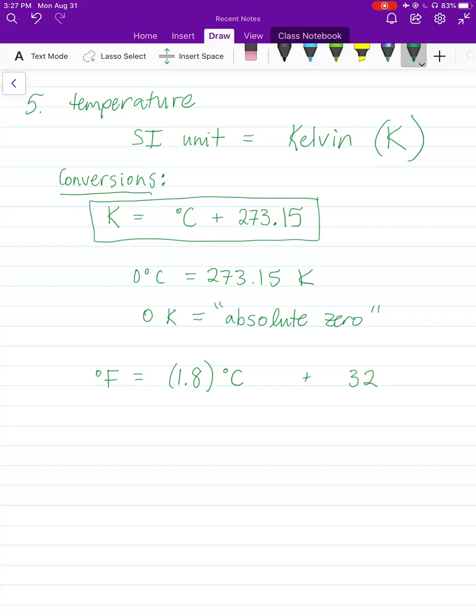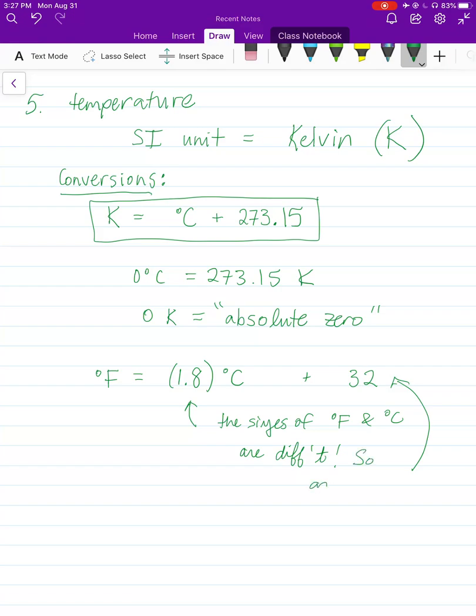Because of this multiplicative factor here, the sizes of the Fahrenheit degree and the Celsius degree are different. So it's not just the 0 points; the 0 points are different too.